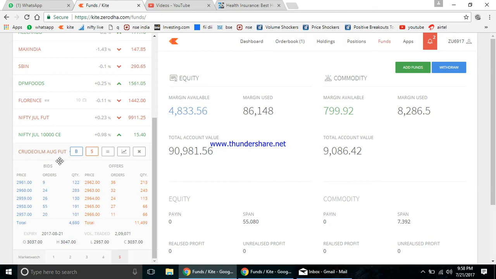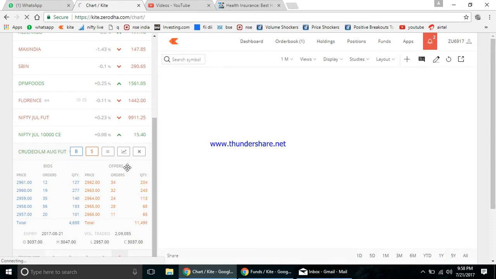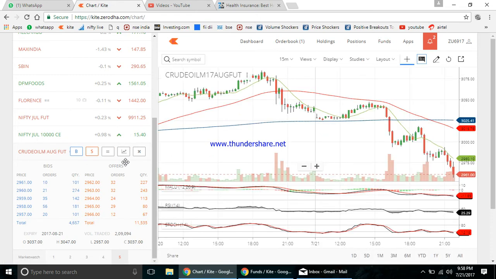You cannot expect a 10% shutdown in crude oil in one day, like it can happen in stocks. And because we are trading in futures and the lot size is only 10, even for Nifty future the lot size is 75, and for Bank Nifty it is 40, but for crude oil it is only 10, so it becomes very risk free.